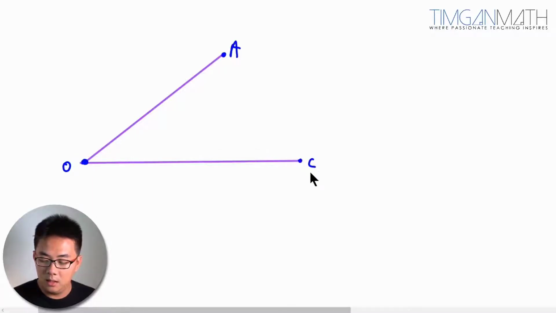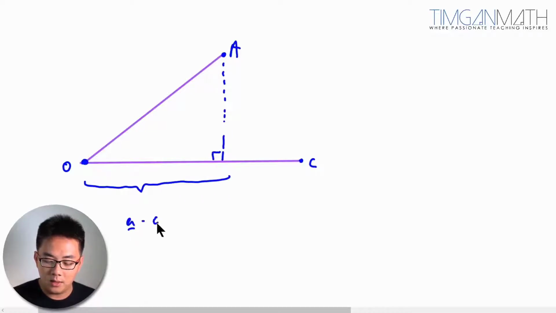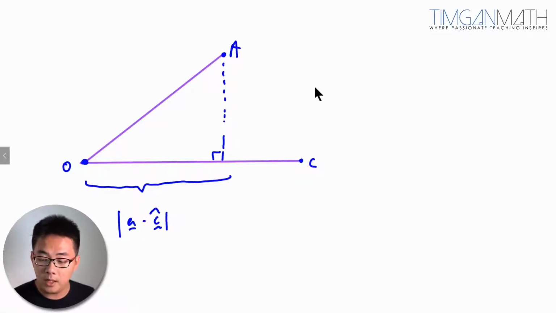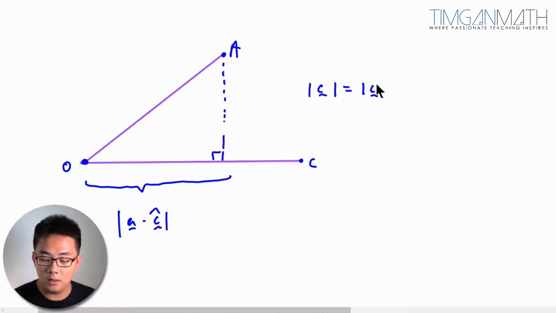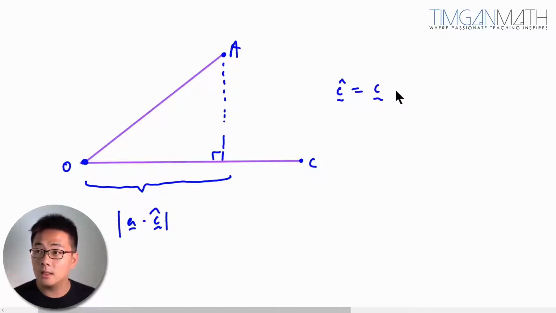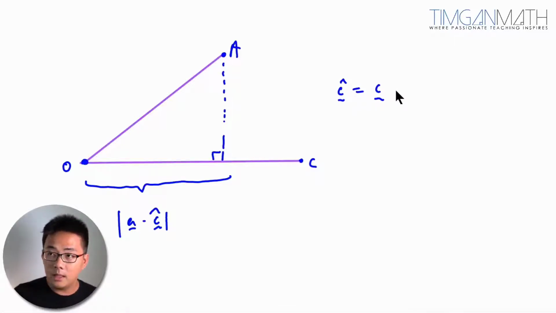One thing to take note of is that A dot C is a dot product. Since C is a unit vector, mod C is just 1, and that is the case here because it is already a unit vector.